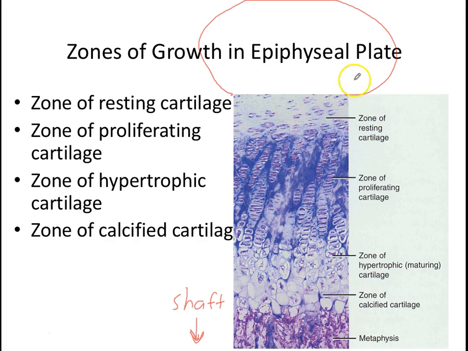The one that is closest to the end, to the epiphysis, is called the zone of resting cartilage. And it is doing just that. Basically, its job is simply to attach the epiphysis to the rest of the bone.